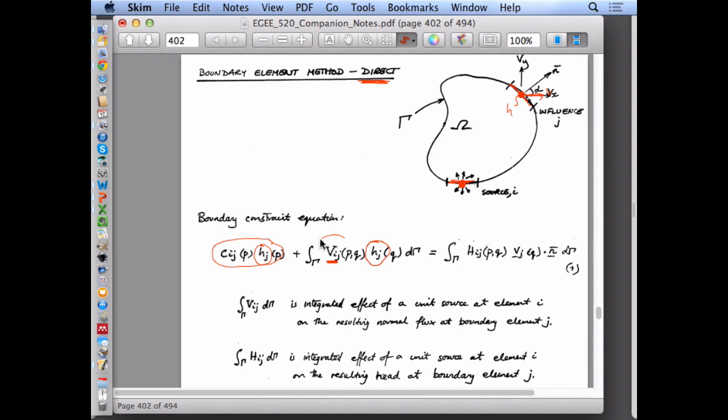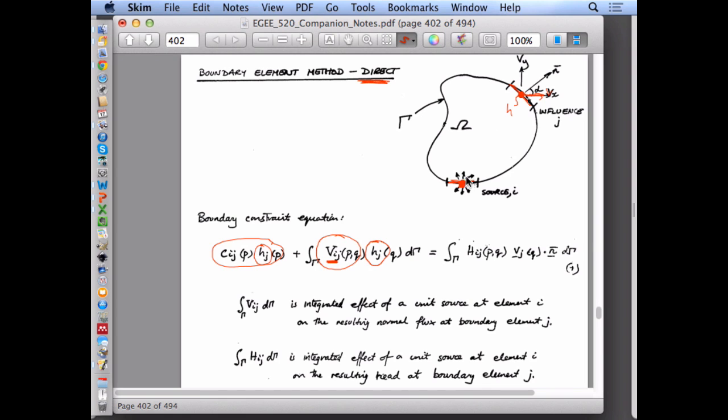And so you end up with a whole series of these magnitudes which have to be integrated over the length of the element that they're influencing, which is really no different from what we just kind of did already by integrating the expressions.